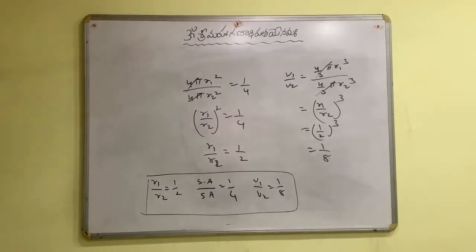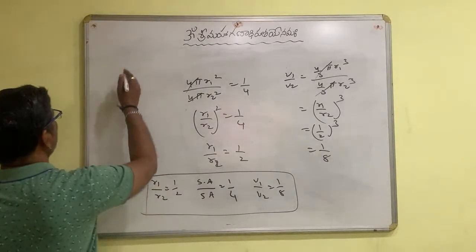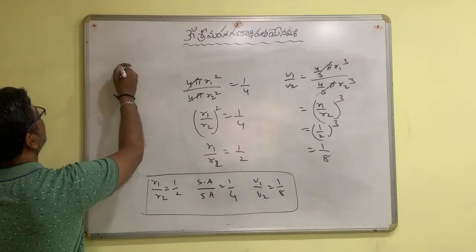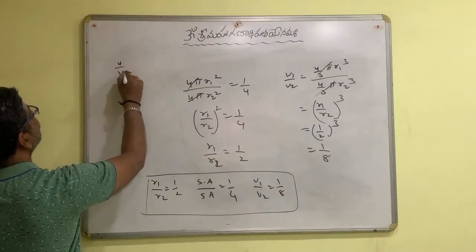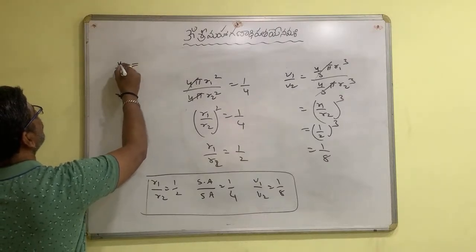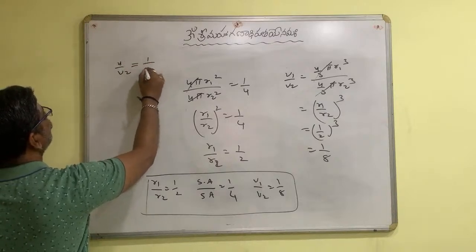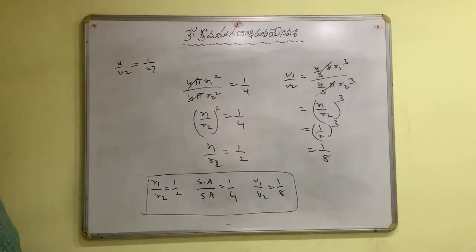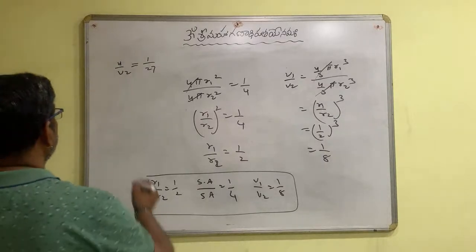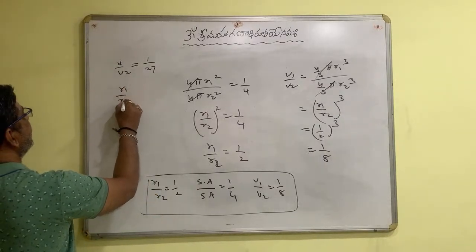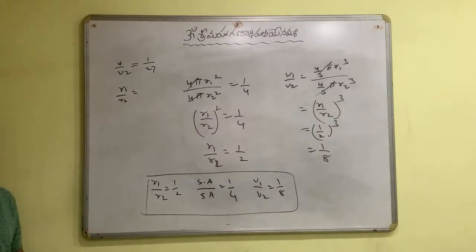Suppose the volumes of two spheres are in the ratio 1:27. Then what is the ratio of the radii? Can anyone say?